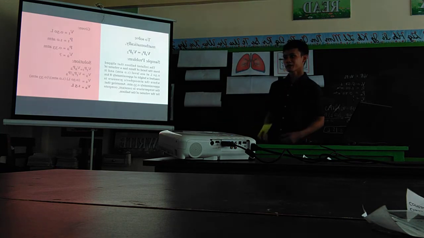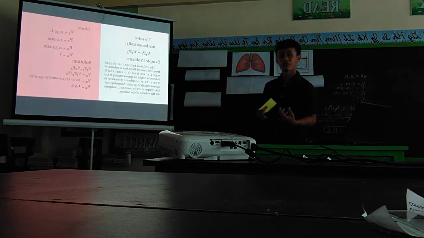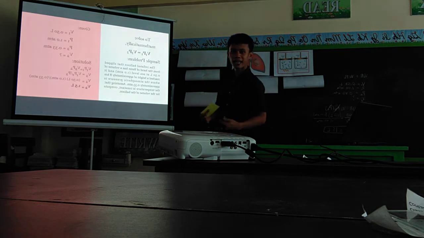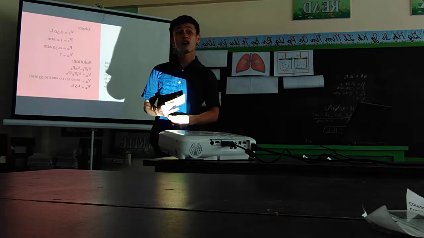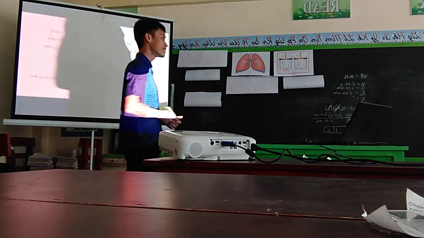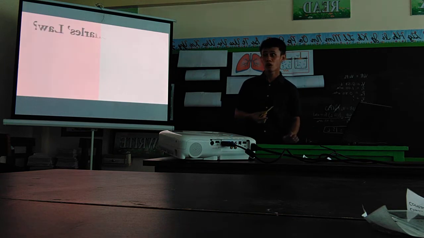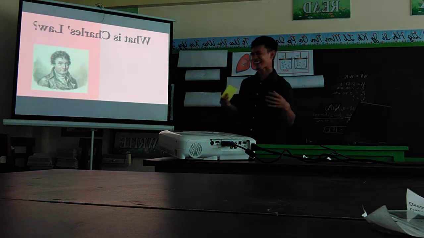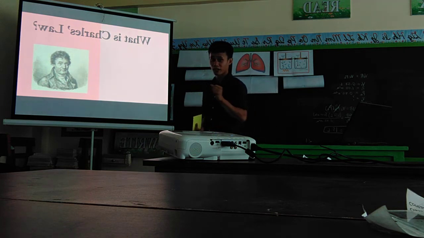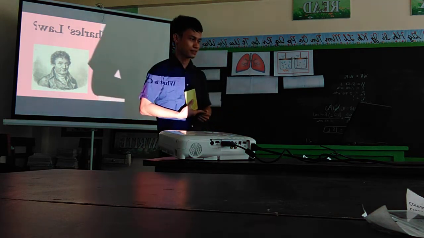Another mathematical description is linked to the volume and temperature. And what do you call that law? Glorian? Yes, exactly. That is Charles' law, proposed by Jacques Charles. So what does this mean? Leslie May.